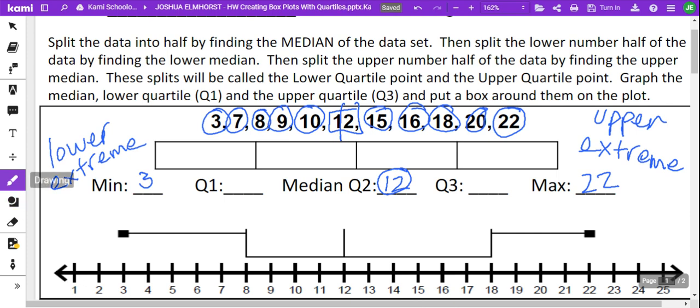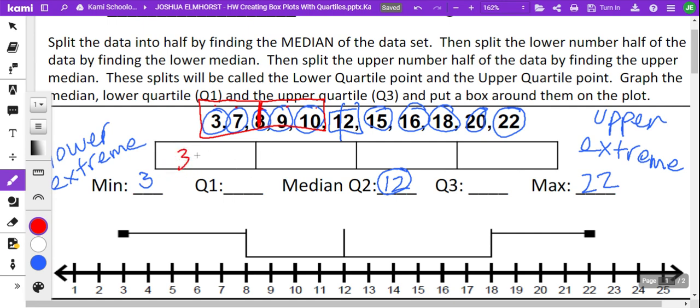Now we're going to go to the left side. I'm going to switch colors just to see that we are looking just at the left side of the data. And there's 1, 2, 3, 4, 5 numbers on the left side of this split. And we are going to split it right here, where we have 2 equal on each side.